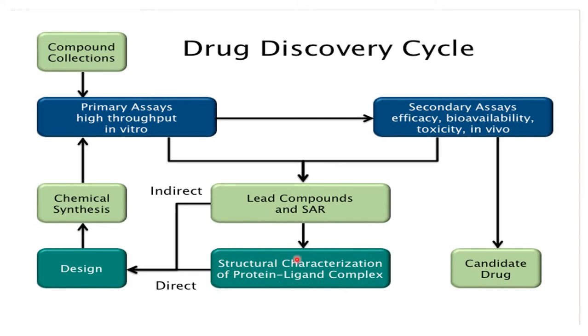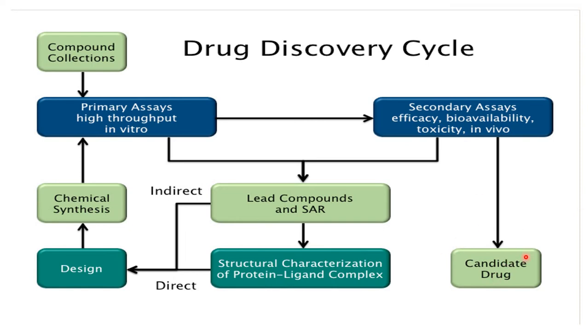The structural characterization process undergoes the design, chemical synthesis, and further from the secondary assay it undergoes the candidate drug. That means this drug is suitable to undergo the clinical trial.